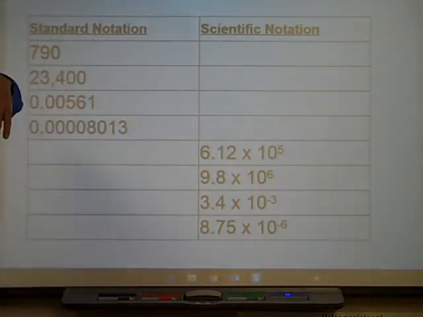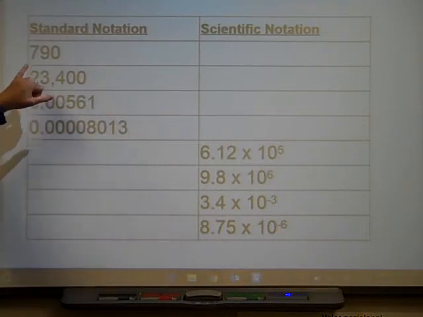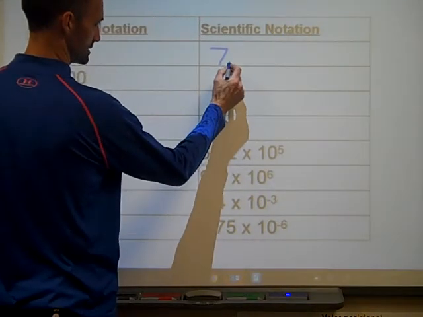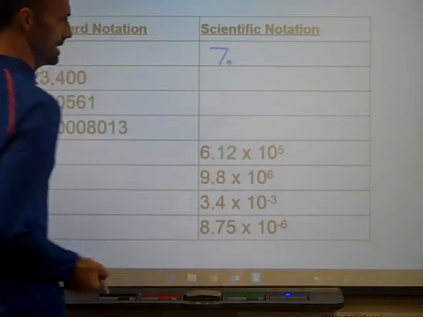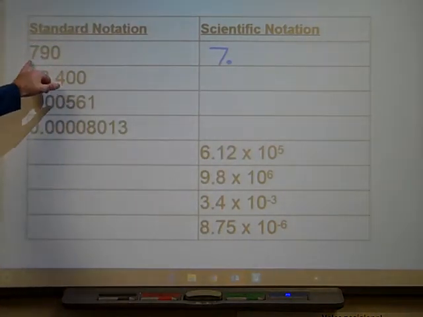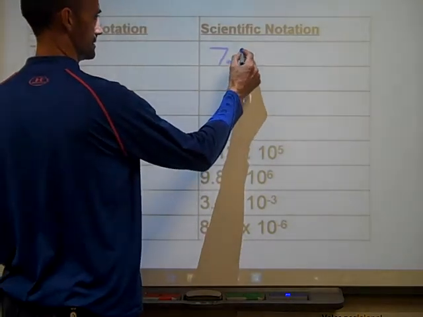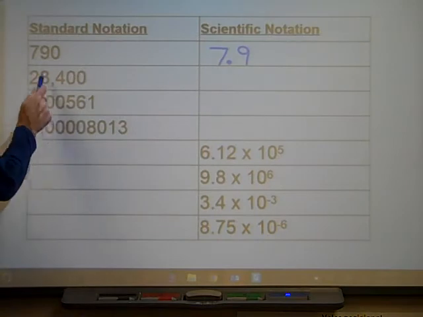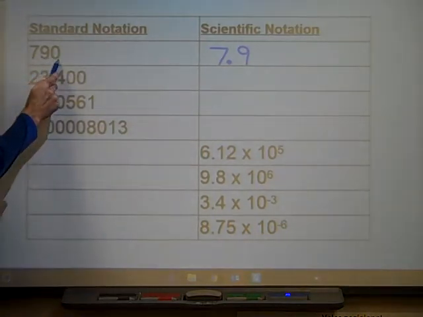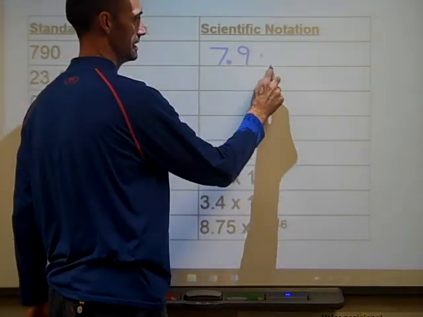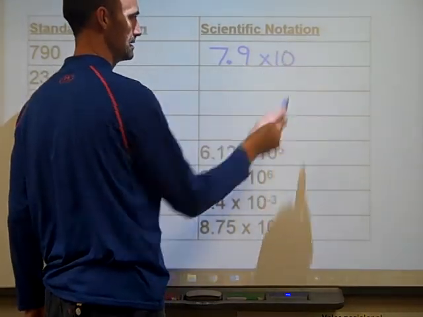So the rules say for scientific notation, I start here and I look for the first digit that is not a 0, which is 7, so I'm going to write 7, and then I'm going to put a decimal behind the 7. Copy everything else until I have only zeros. So in this case, it's just 7.9, because now I've got a 0, so I don't need to put the 0 with this. And then times 10.